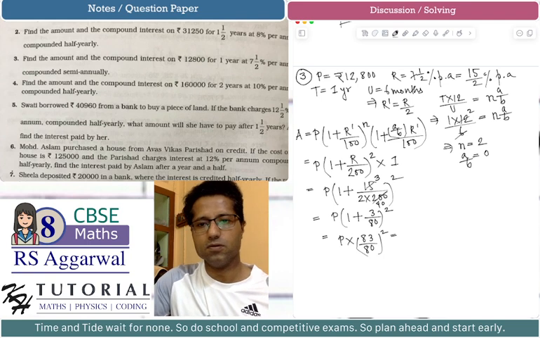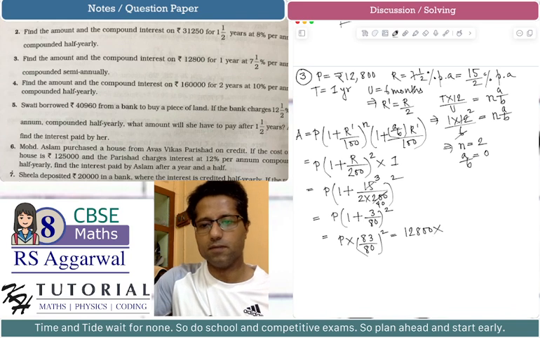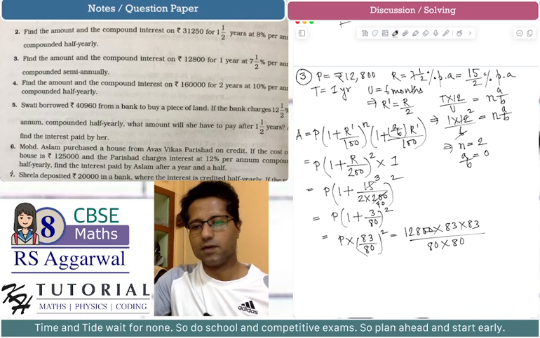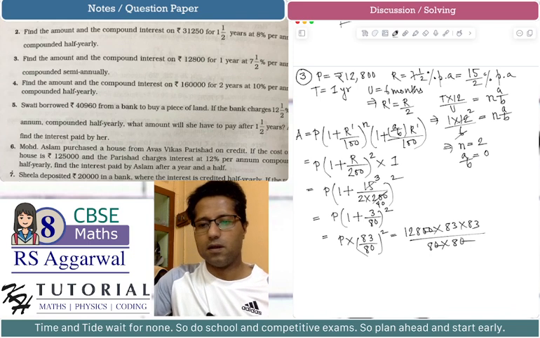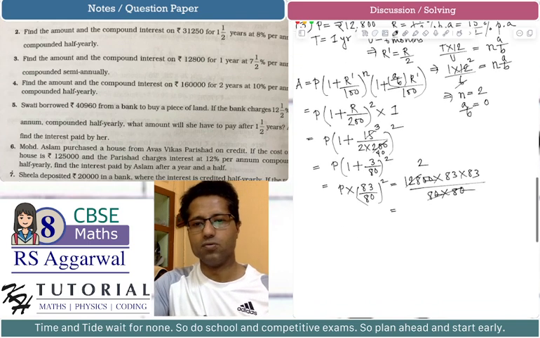This is equal to 12800 multiplied by 83 multiplied by 83 divided by 80 multiplied by 80. The 0 cancels out, and the denominator is 64. 64 divides 128 with 2. So this is 83 square multiplied by 2.